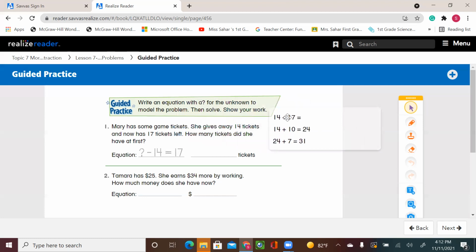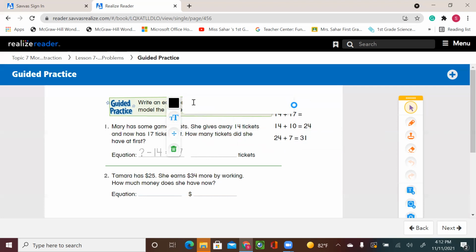If I put this information here, now I know that Mary started with 31 tickets. So she had 31. So over here, I'm going to write my equation back again so you can see it. 31 minus 14 equals 17.